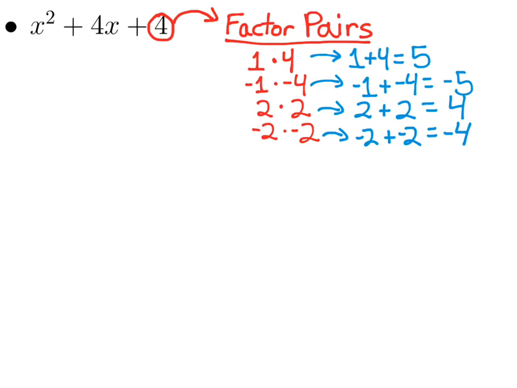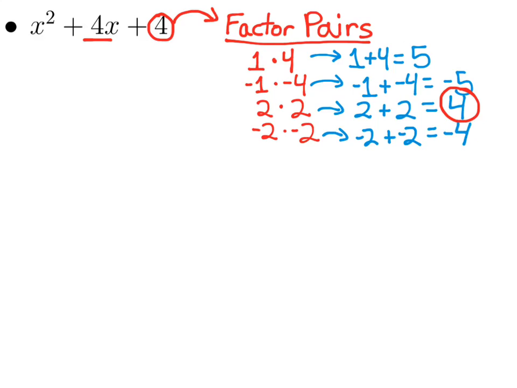So we found all the factor pairs of 4, and then we added those numbers within each factor pair. Now the trick here is to make sure we find the one that adds to the middle term, or the linear term, or the just plain x term in the problem. In our problem, the plain x term was 4x, so we're trying to find the pair that adds to 4.